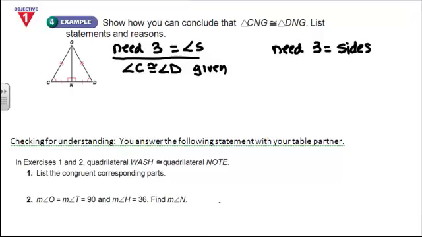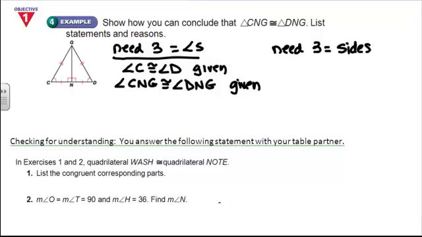I know angle CGN is congruent to angle DGN because it's also given, all right angles are congruent. It's given by the marks. However, what I don't have marked is these angles up here.